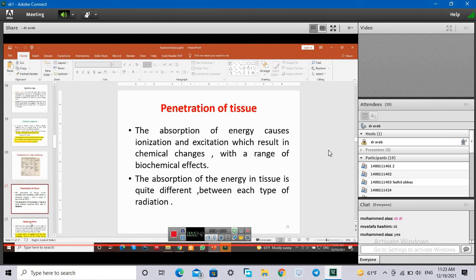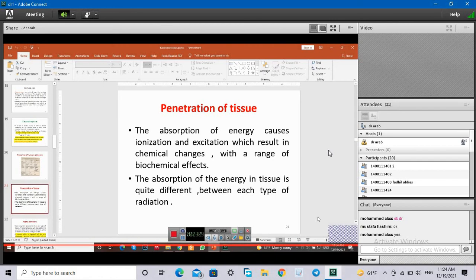For example, the absorbed energy of an alpha particle is completely different from that of a positive beta particle. In other words, the amount of absorbed energy depends on the type of the particle and its energy.